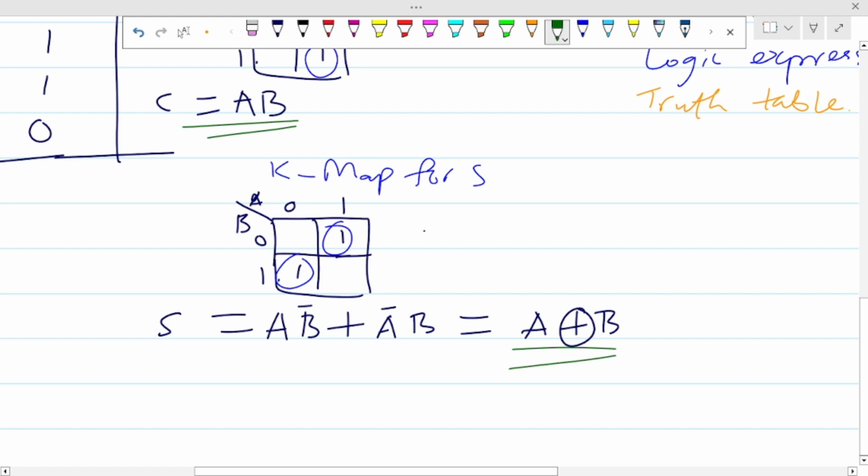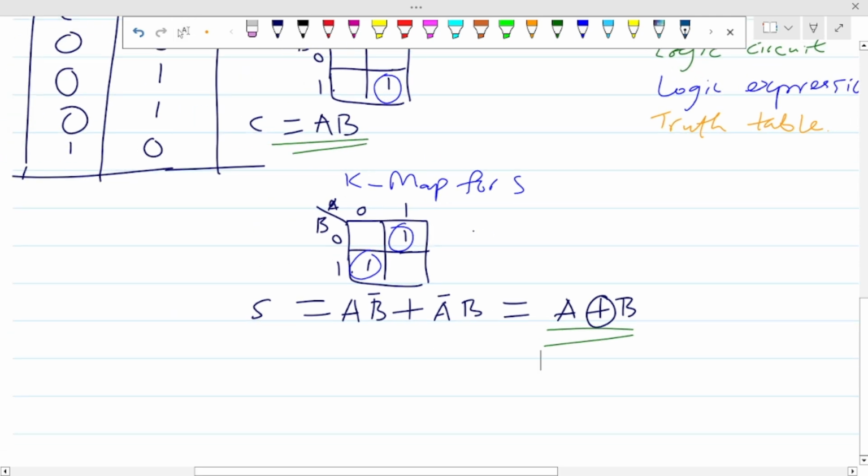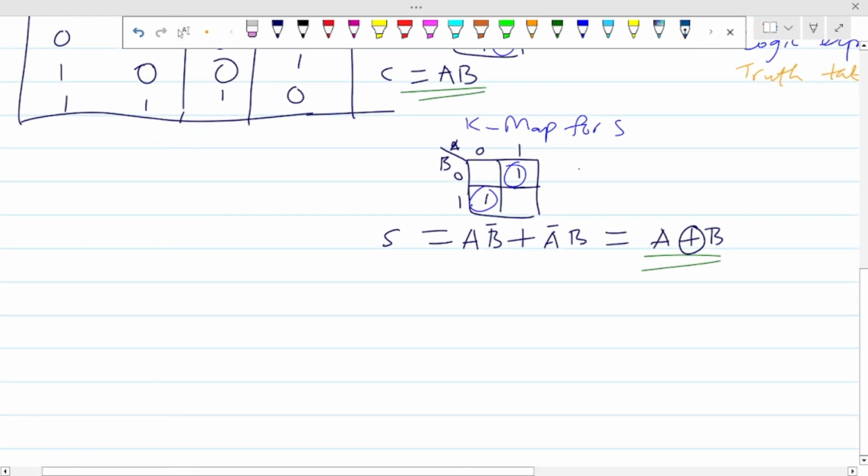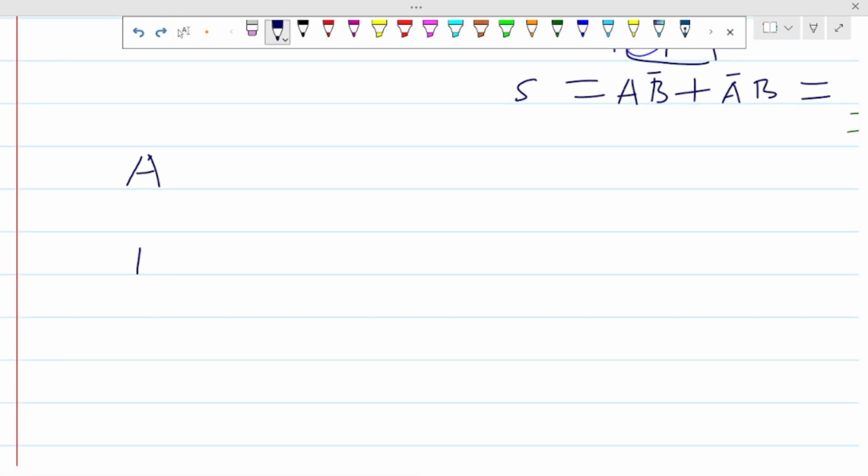Okay, so the inputs we have are A and B. So we can draw that having this A and B, A and B. But we understand that's B, okay?